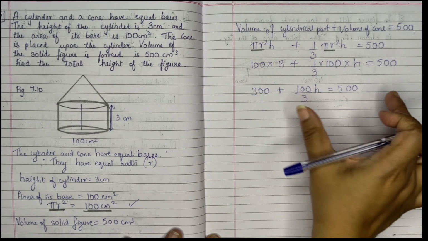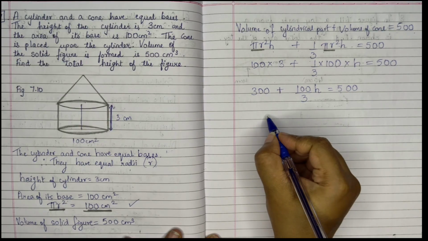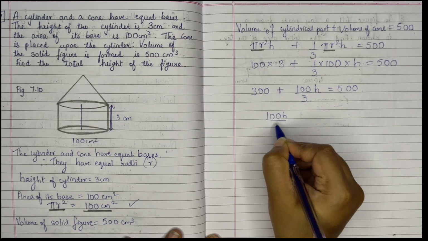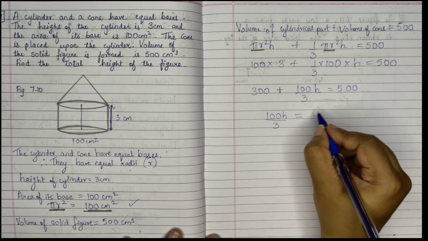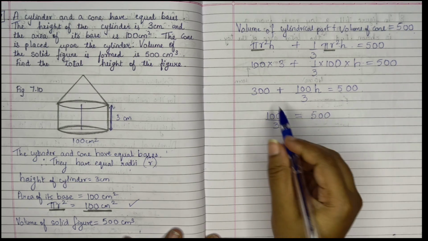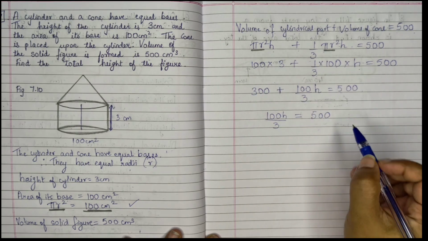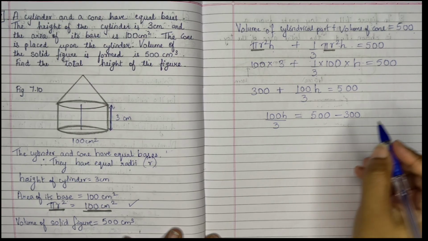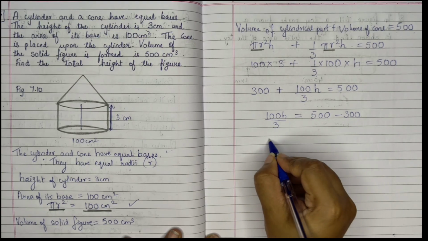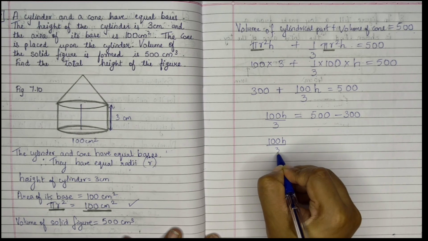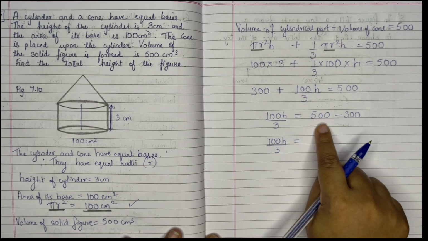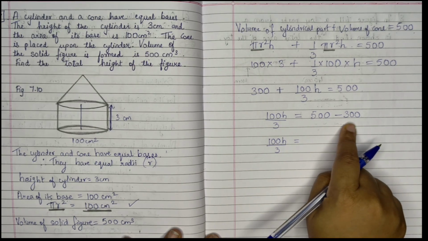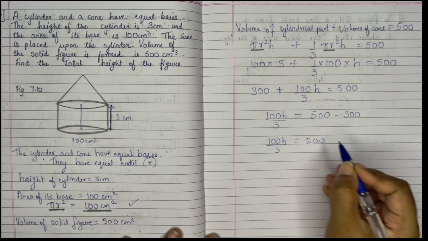So 100h upon 3 is equal to 500 minus 300, you will get 200.